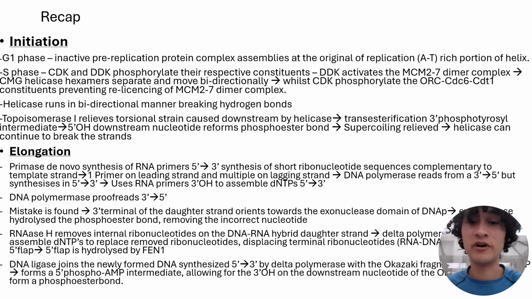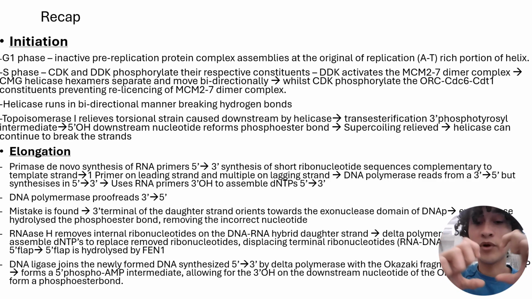So then a downstream nucleotide, that 5' hydroxyl group in a downstream nucleotide, has just lost its ester bond. It's going to want it back, and this causes a rotation as the bond is reformed, and then it relieves that tangling or that supercoiling, and it allows helicase to continue to run across.